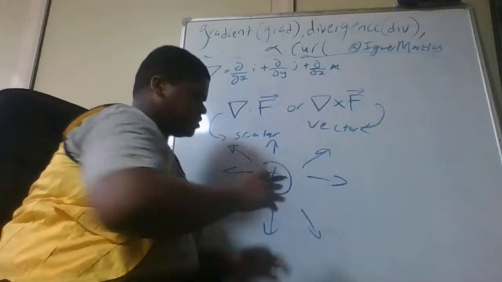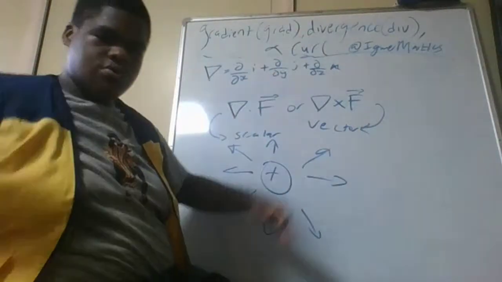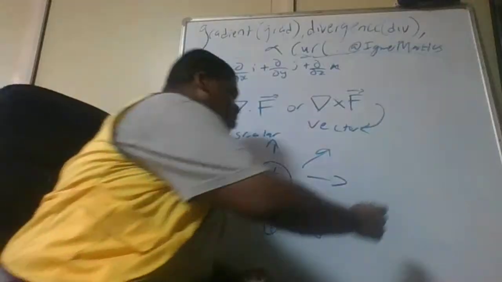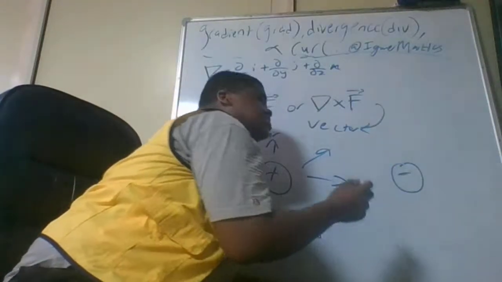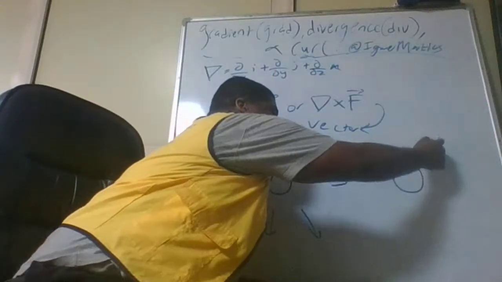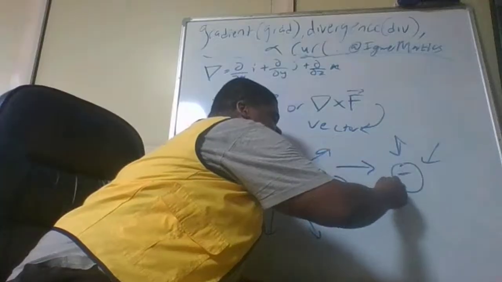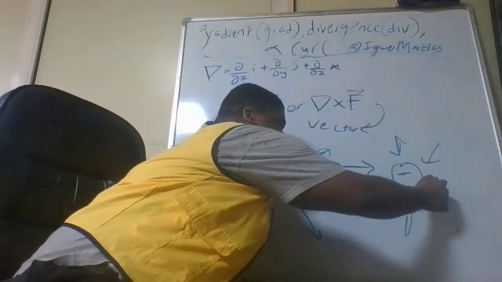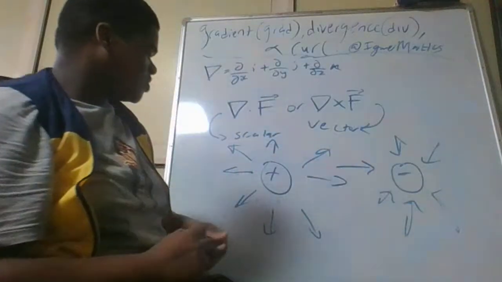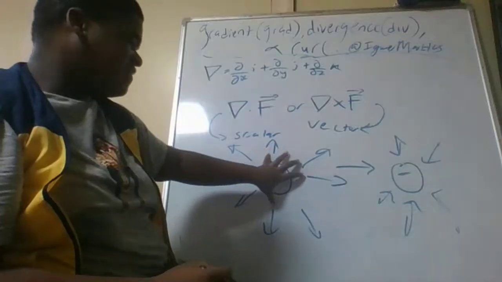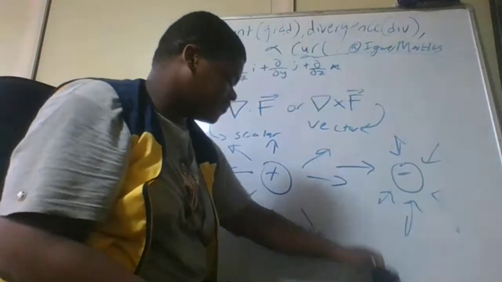The electrical charge field pushes equally in all directions. While for the negative charges, the field lines are all entering inside. So that's another way of explaining it. This one diverges and this one converges.